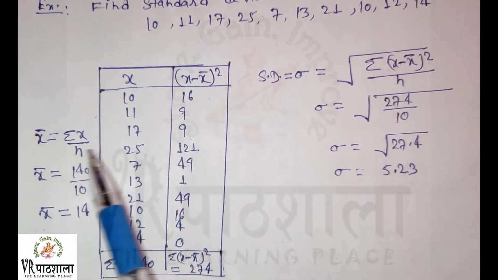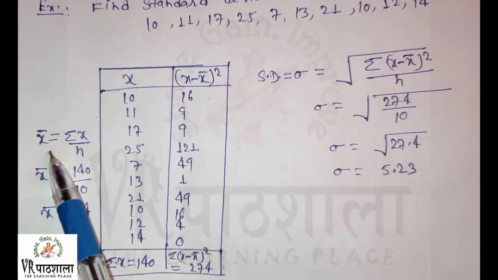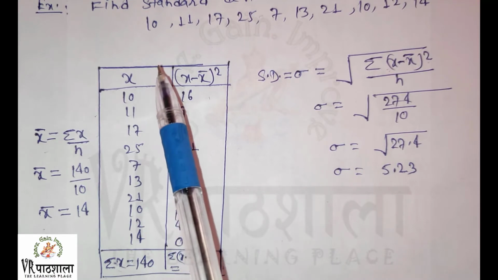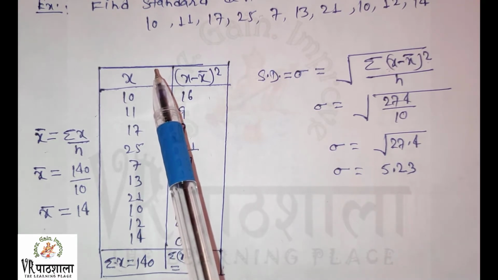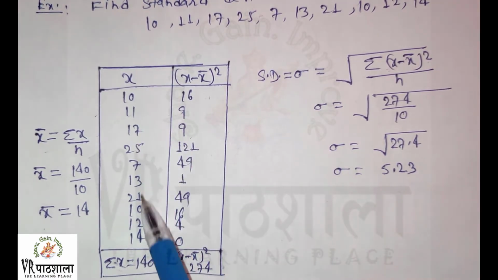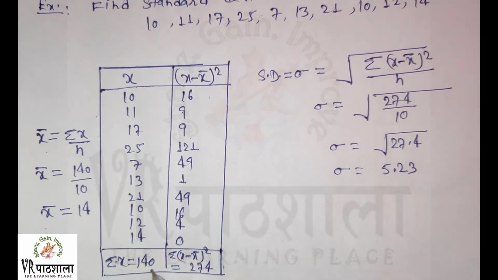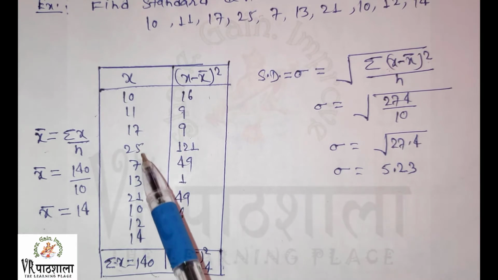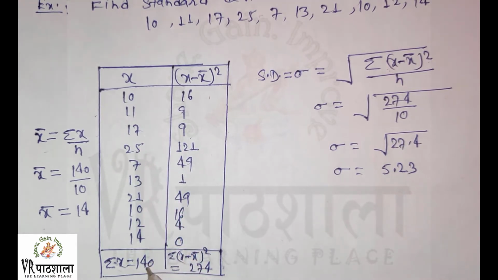The mean for ungrouped data is defined as x bar equal to summation x over n. Now we have x, so we sum the x. The sum of x is 140 and the number of terms is 10. Now the mean is x bar equal to 140 upon 10, that is 14.